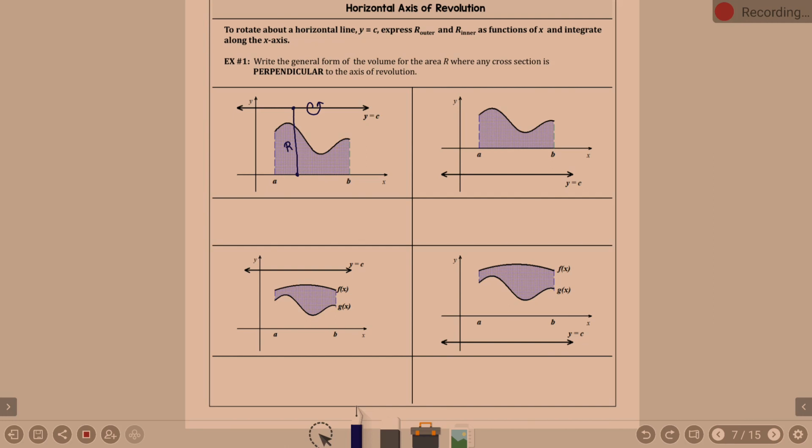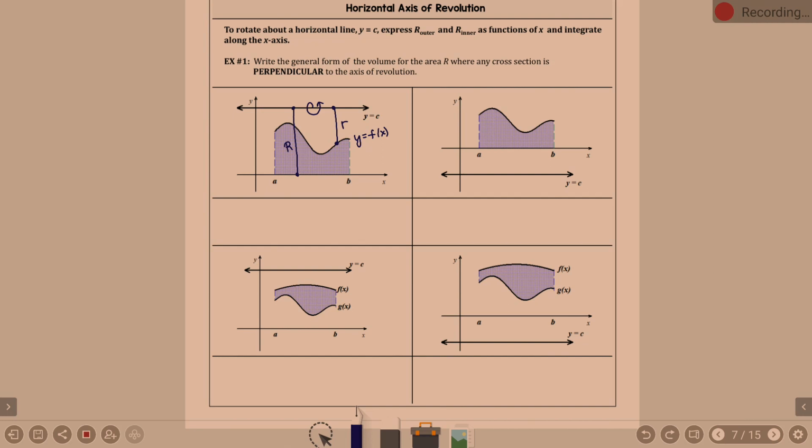What is little r then? The distance from y equals c to the curve, which I'm going to call f of x. Officially we can say y equals f of x.